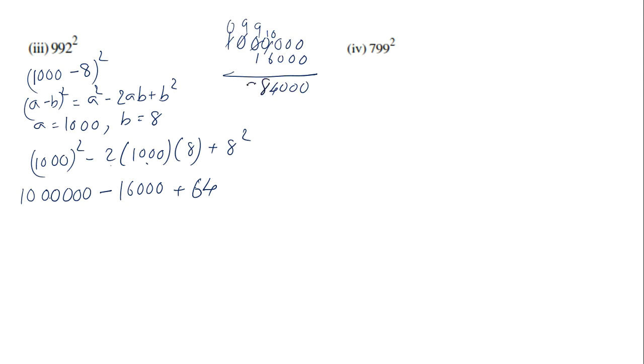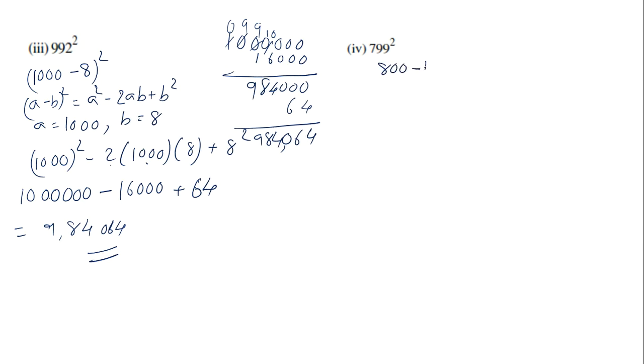So 9 minus 1, 8. 9 as it is. Now add 64 to this. So it is 9 lakhs 84,064. This is the answer.